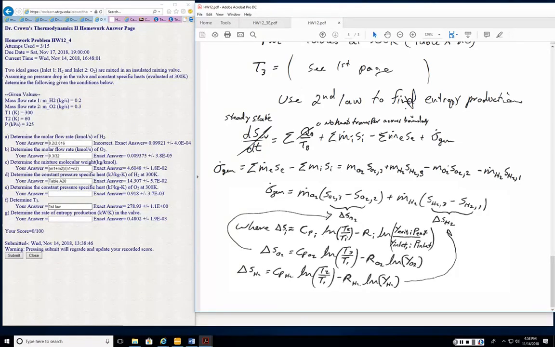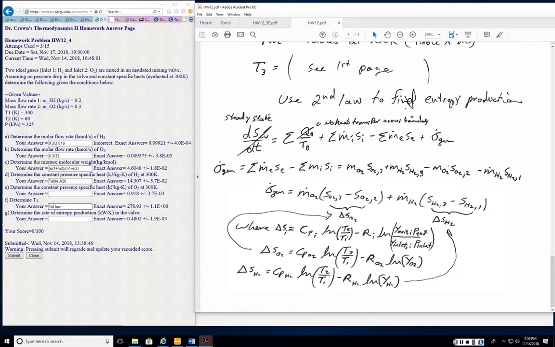When I rearrange this with mass flow rates, separate out the common terms, do all the oxygen together and all the hydrogen together, I have a delta S times m dot and a delta S times m dot. The delta S's, I can use the equation for delta S either on a mass basis or a mole basis. I went ahead and did it on a mass basis here.